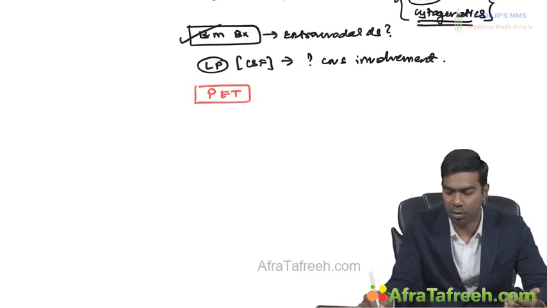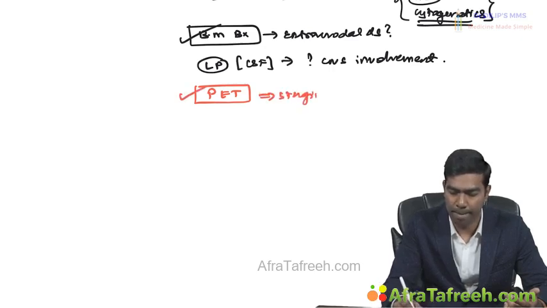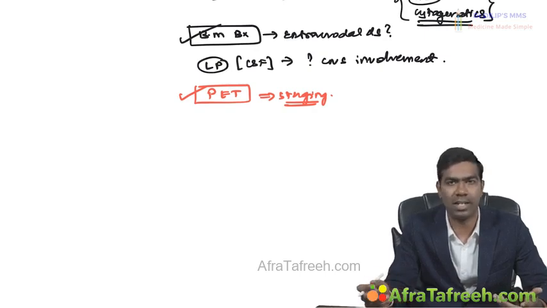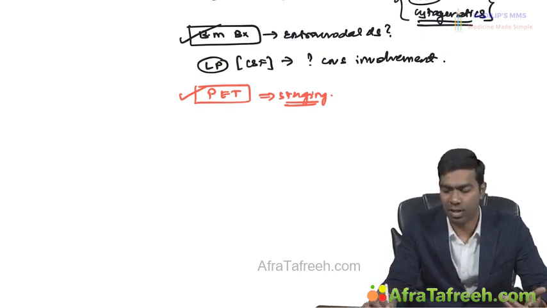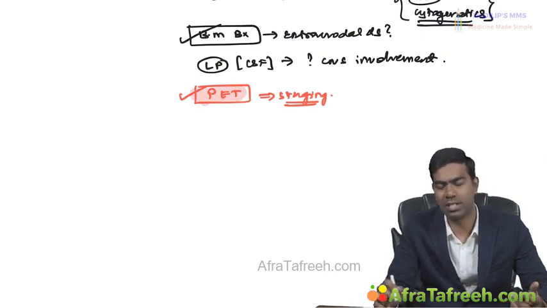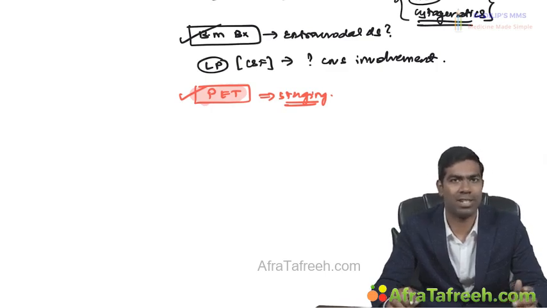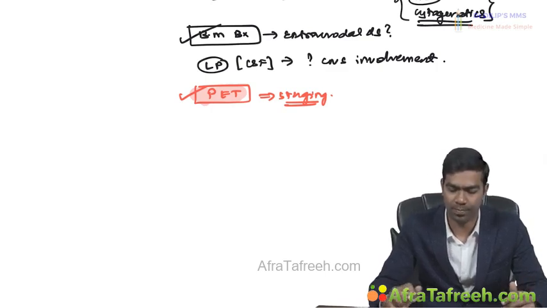FDG PET is a very common modality utilized nowadays, especially for staging a lymphoma. PET is very important nowadays, rather than the CT scan which was used previously. Many clinicians and hematologists prefer using PET-CT as a primary modality for staging of a lymphoma. Very important point again.